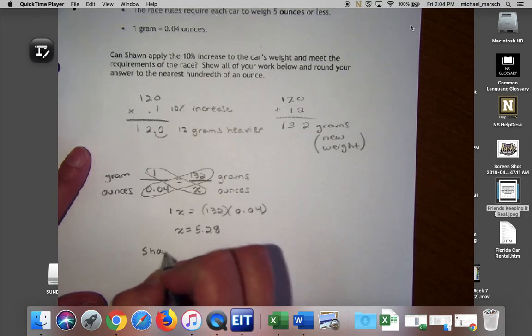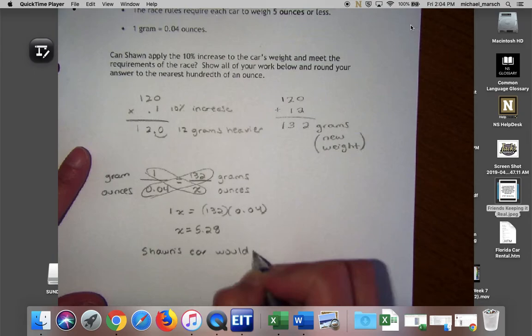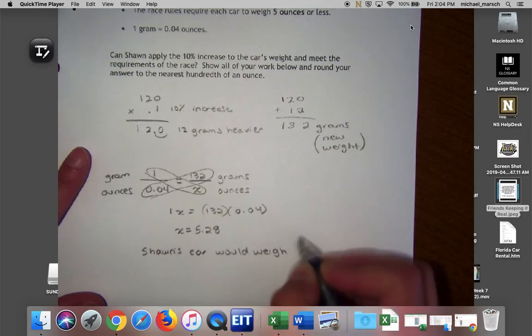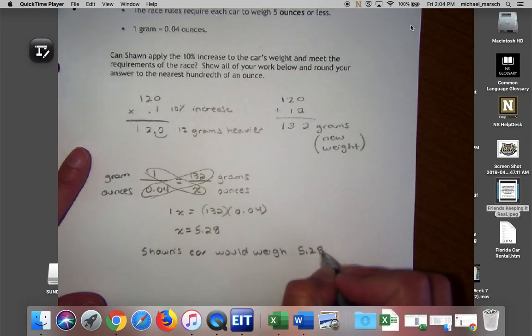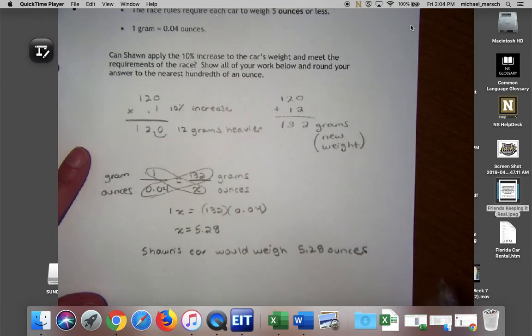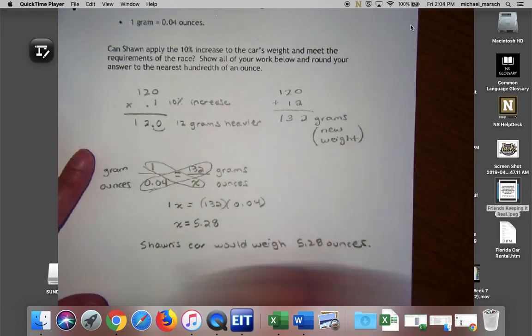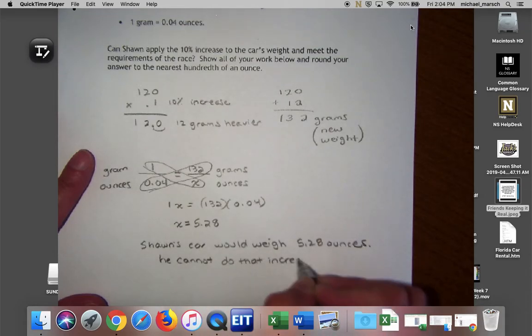Sean's car would weigh 5.28 ounces. That would be over the requirement. Yep. So can he do that? No, we cannot do that increase.